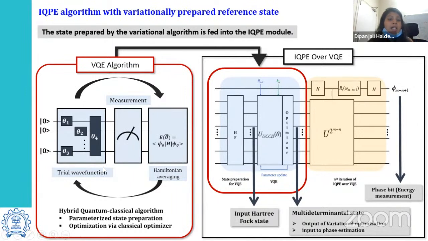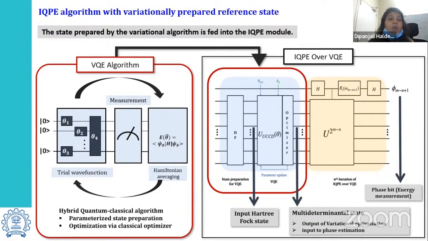It's a hybrid quantum-classical algorithm where the quantum part deals with preparation of a parameterized state based on the choice of an ansatz, and the classical part deals with optimization of the expectation value of the Hamiltonian until a global minimum is reached.